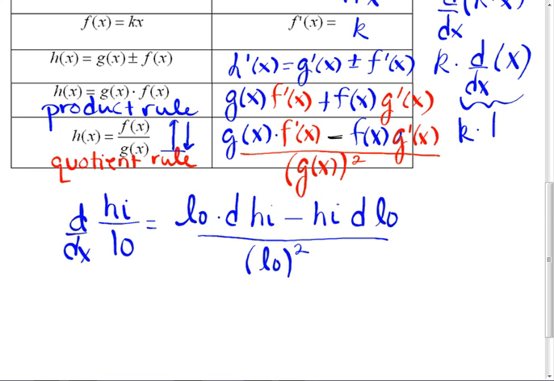So it's low d high minus high d low over the square of low we go. So it's the low one times the derivative of the high one minus the high one times the derivative of the low one. Over the square of low we go.